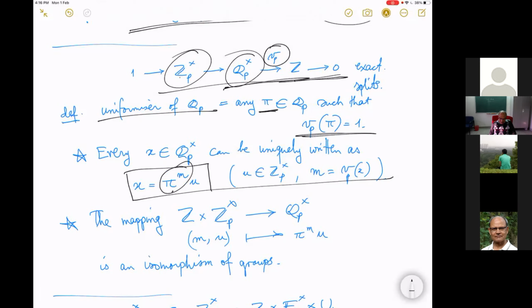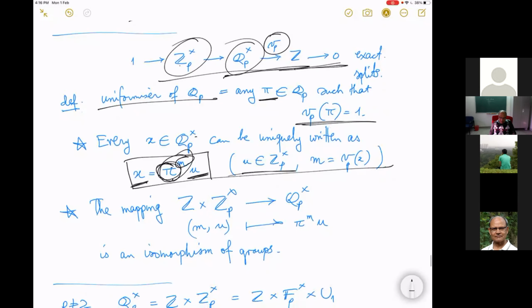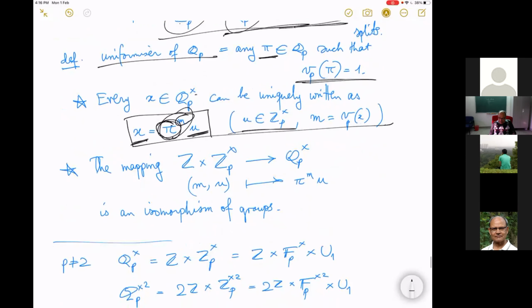If you have pi here, a positive or negative power of pi, times a unit. A unit means an invertible element of Zp and not of Qp. In other words, the mapping from Z cross Zp star to Qp star, taking the pair (m, u) to pi to the m times u, is an isomorphism of groups.